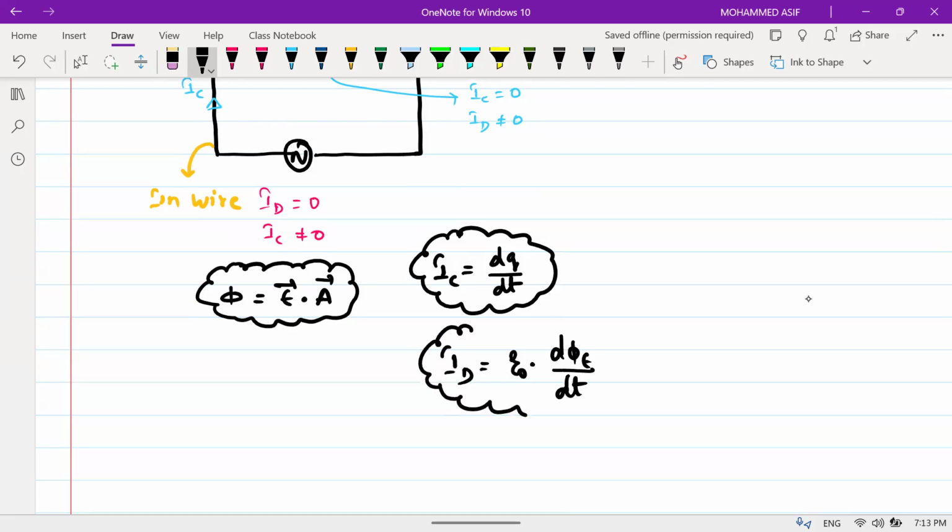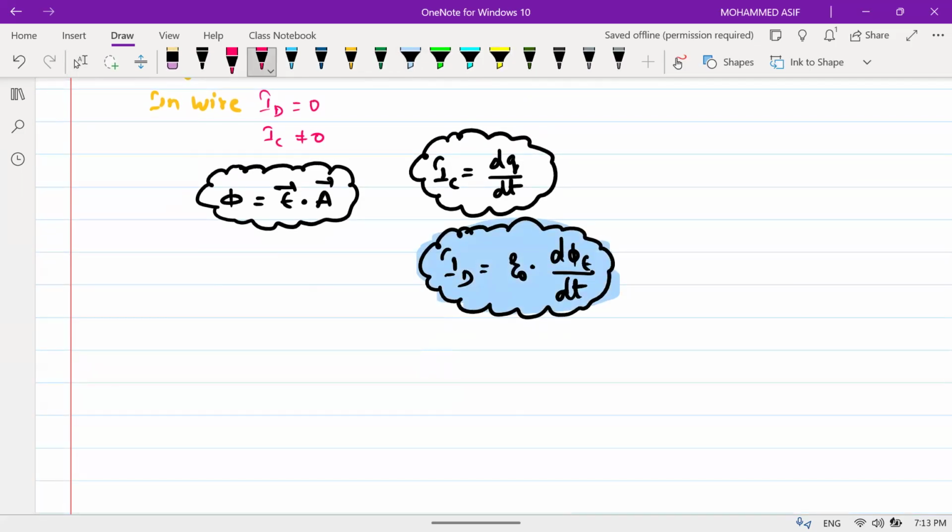This is your displacement current. Clear? So displacement current is a very important formula: epsilon naught into d phi E divided by dt. In this chapter, we are going to see that displacement current is numerically equal to the conduction current. Then only there is a flow of current.